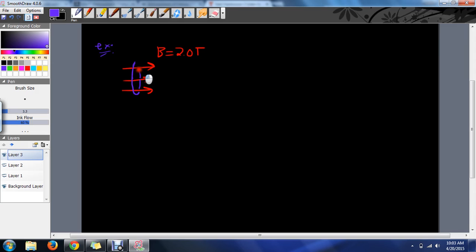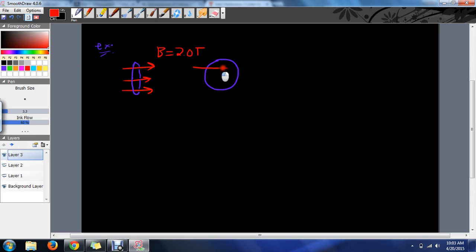There we go, some artistic value right there. So I want it going through the circle. And what I'm going to do is I'm going to rotate the circle such that the circle is now in the plane of the page.